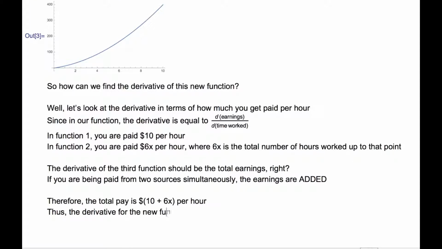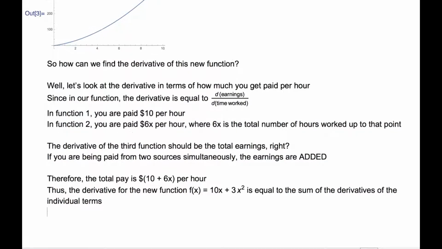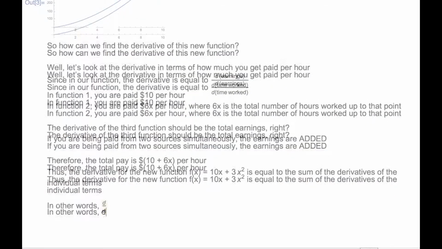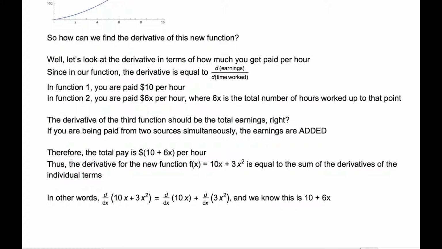Thus, the derivative of the new function is equal to the sum of the derivatives of the individual functions that added to make it. In other words, d/dx of 10x plus 3x squared is equal to the derivatives of its individual terms added together: the derivative of 10x plus the derivative of 3x squared, and we know that this is 10 plus 6x.